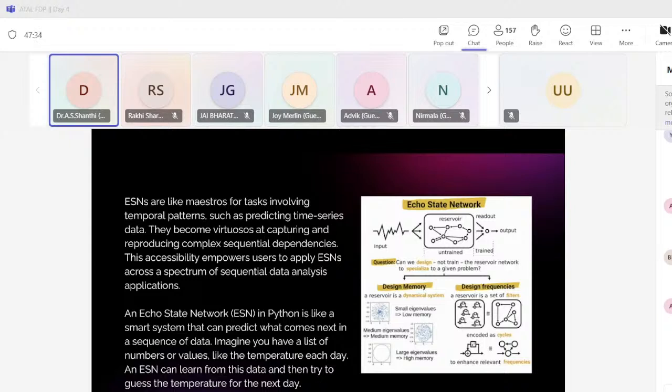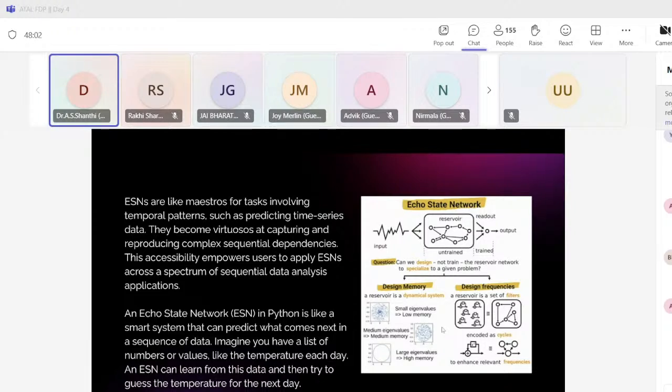This accessibility empowers the user to apply ESNs across the spectrum of sequential data analysis applications. So an ESN in Python is like a smart system that can predict what comes next in a sequence of data. Imagine we have a list of numbers or values, like the temperature each day. An ESN can learn from this data and then try to guess the temperature for the next day.